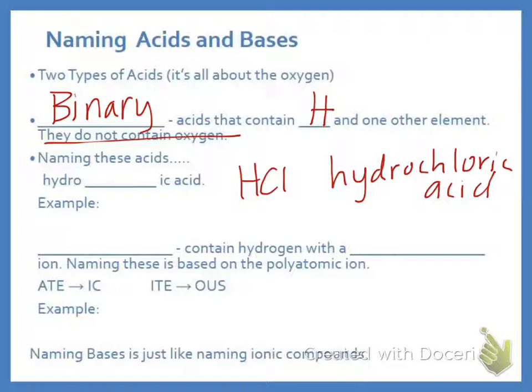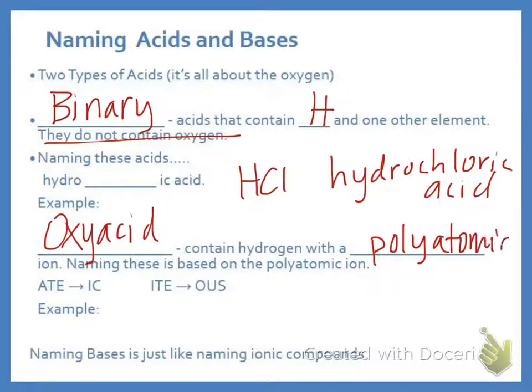Okay, the oxyacids are ones that are with a polyatomic ion and they contain oxygen, and that's your blank on yours. It got left off on here, but your next blank says that they contain oxygen. So it makes sense, it's an oxyacid, it has to have oxygen present. And that's where we went from ate to ic and ite to ous.